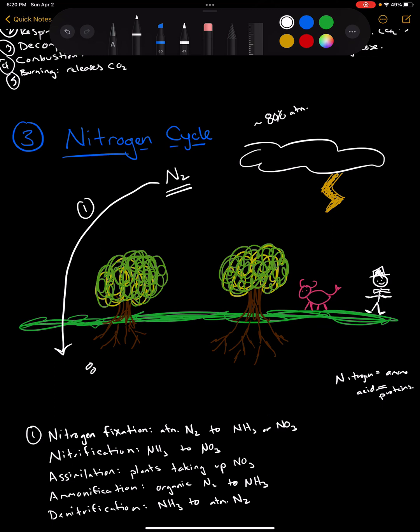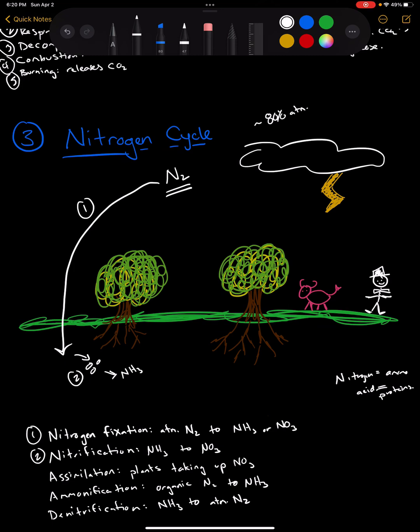Inside my soil, I have all these awesome little bacteria. These awesome little bacteria are going to be able to take that atmospheric nitrogen and turn it into ammonia.